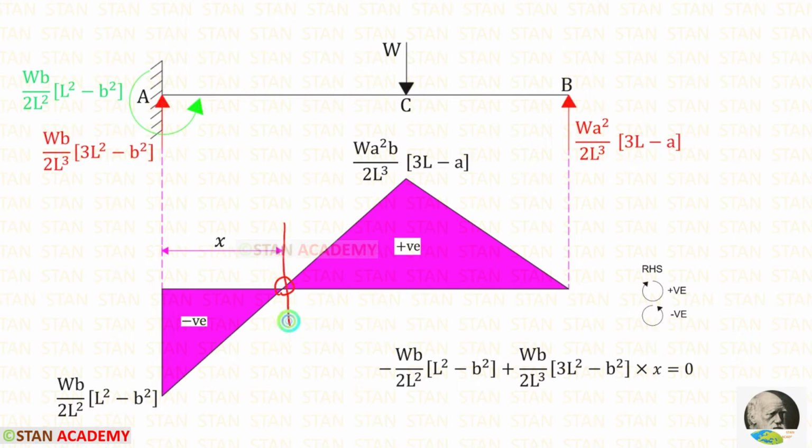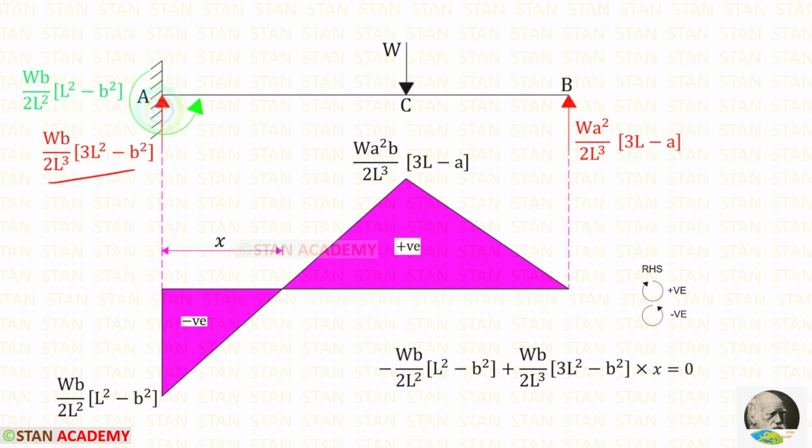Let us make a section at this point at a distance of x from the point A. Let us find the moment at this point and find x. Let us use the right hand side rule. MA is acting in the anti-clockwise direction, so that will be negative.